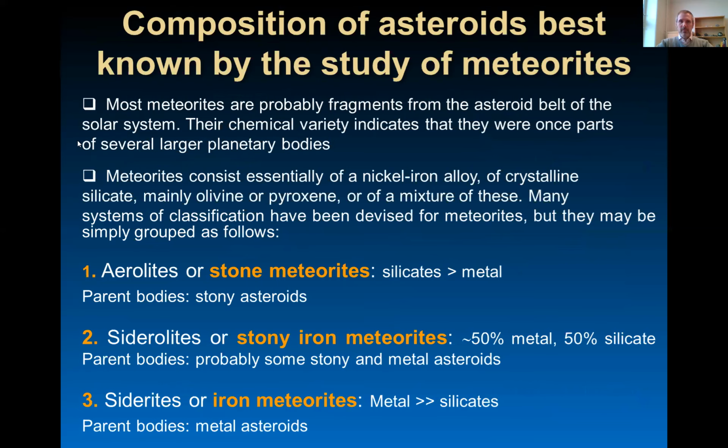In fact, most of the information about the composition of asteroids comes from the study of meteorites. The meteorites, we believe, are fragments of asteroids from the asteroid belt, and their chemical variety indicates they were parts of larger planetary bodies.